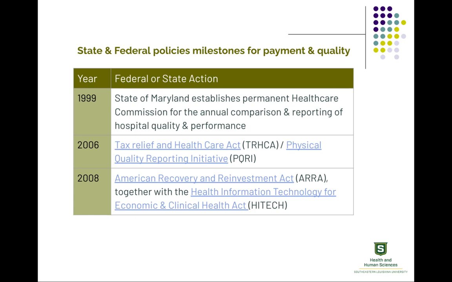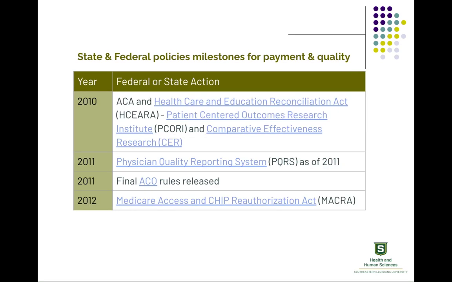Among them, the ones enacted in 2006, the Tax Relief and Health Care Act, and then in 2008, the American Recovery and Reinvestment Act, which included the HITECH Act, the Health Information Technology bit. Then you had 2010 with the ACA, and a couple of other ones that came along with it.